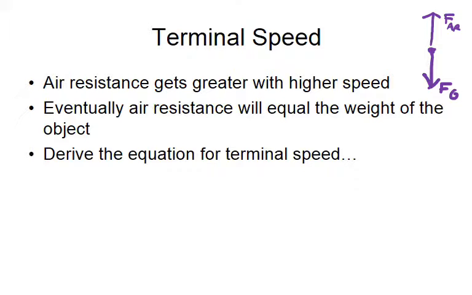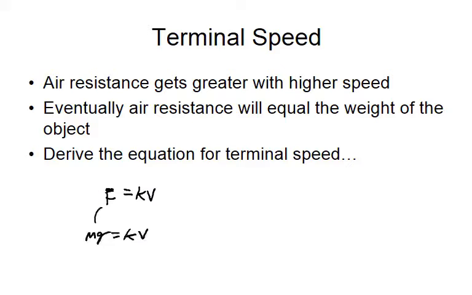So if we think about the equation for terminal speed, we know the force of air resistance is the coefficient times the speed of the object, and if it's reaching terminal speed, the weight of the object will equal the air resistance kv.